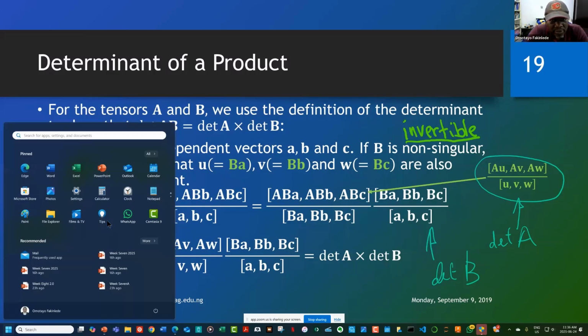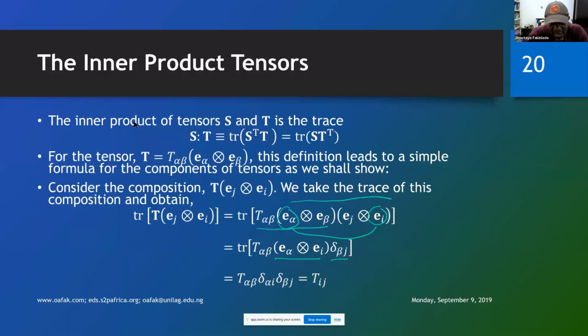We now want to talk about the inner product of tensors. What you can do is take the transpose of one and do its composition with the other one. If you take the trace of the resulting tensor, what you have is the inner product of the two tensors.